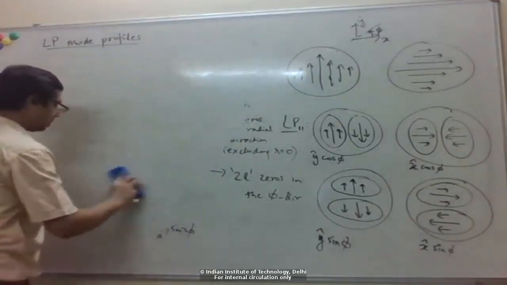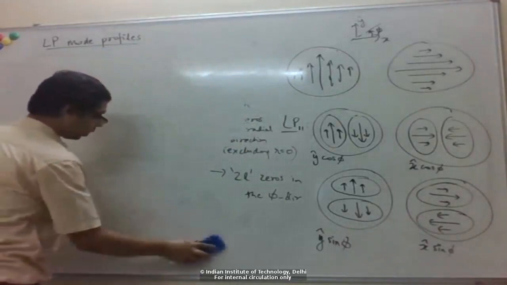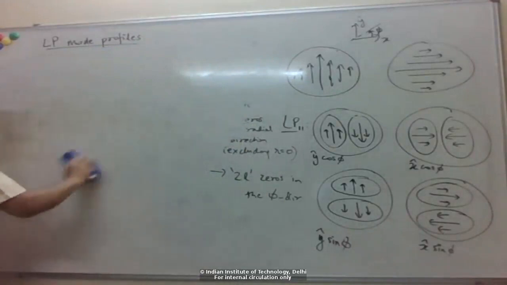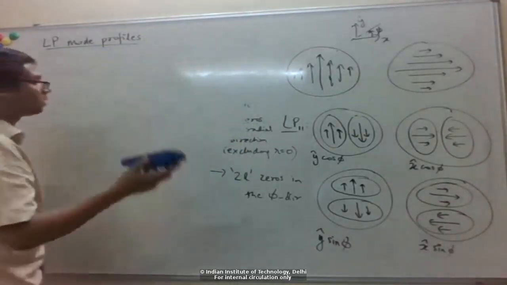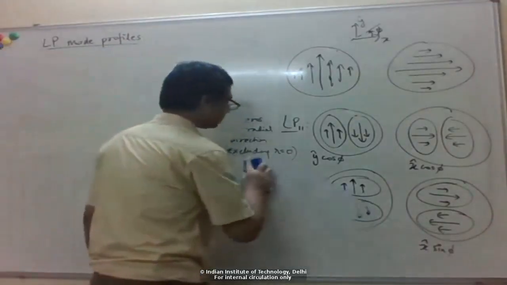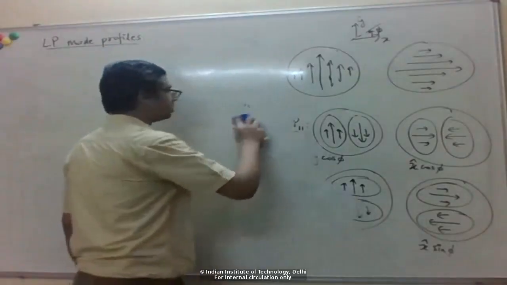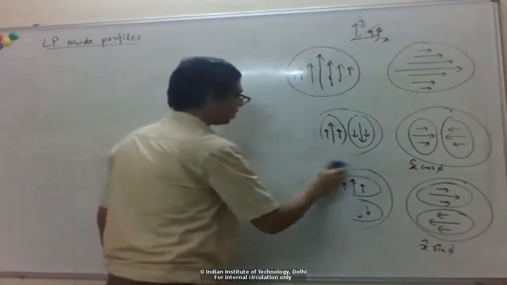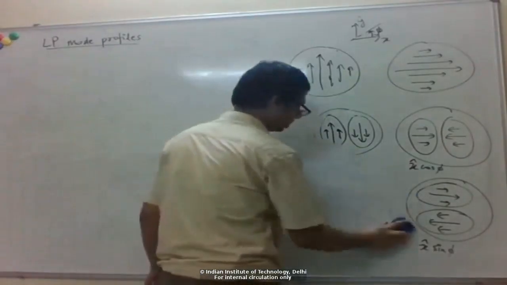Now let's take a look at the strength of the longitudinal component, the z direction. For the LP modes, we started by assuming that in the weakly guiding approximation the modes are almost transverse, like TEM, and the longitudinal components are negligible.